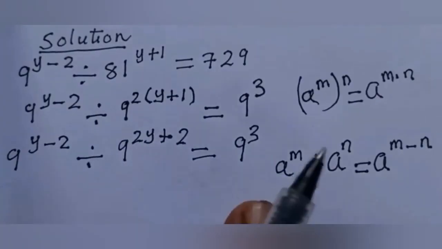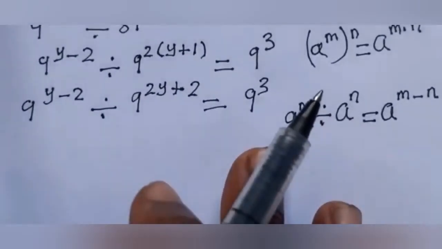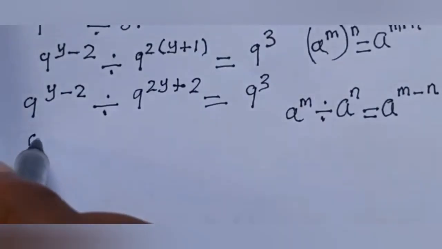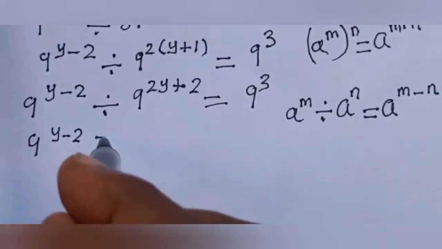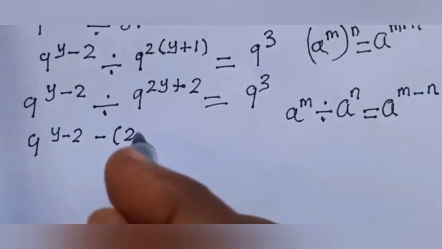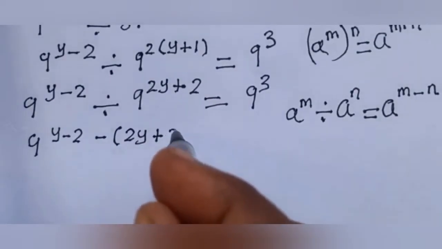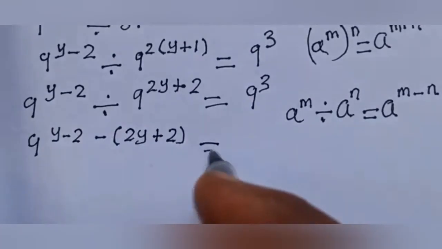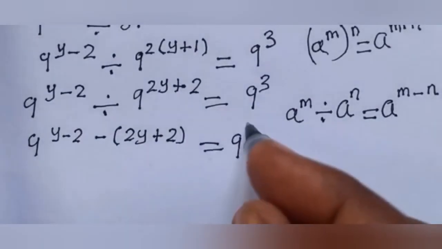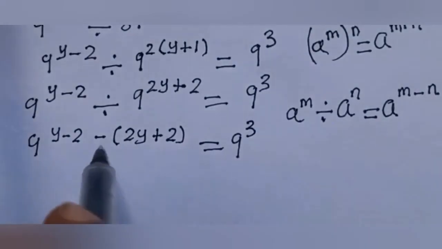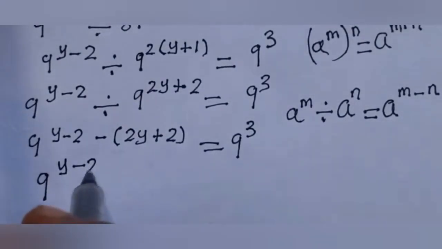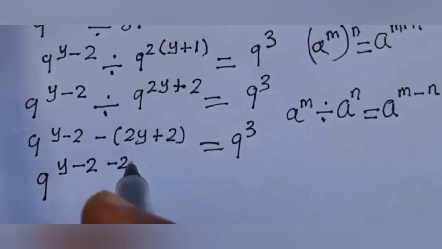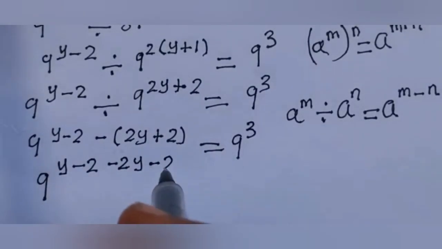So we have 9 power y minus 2 minus, in the bracket, 2y plus 2, equals 9 raised to power 3. Let us open the bracket here. We have 9 raised to y minus 2 minus 2y minus 2.